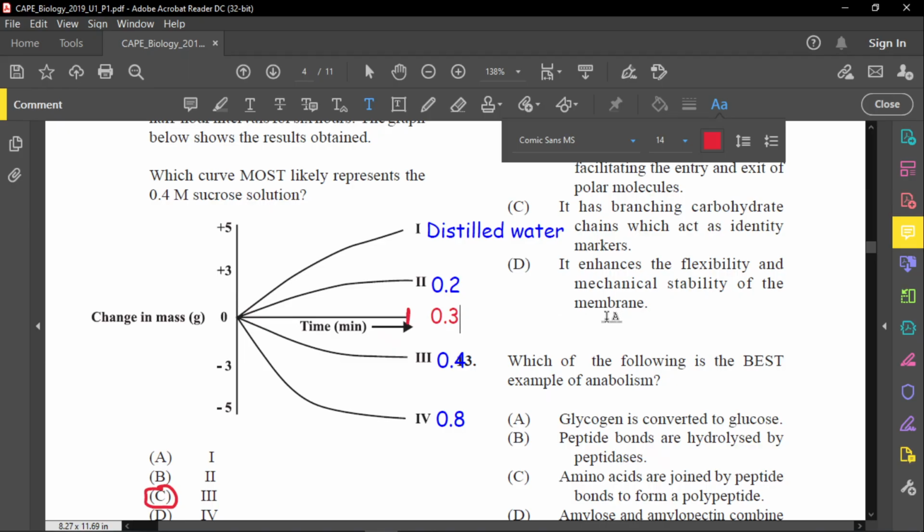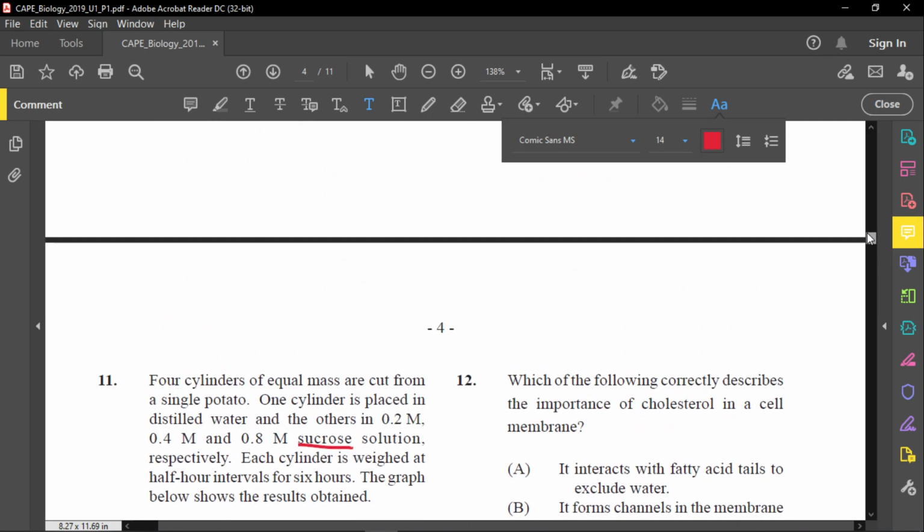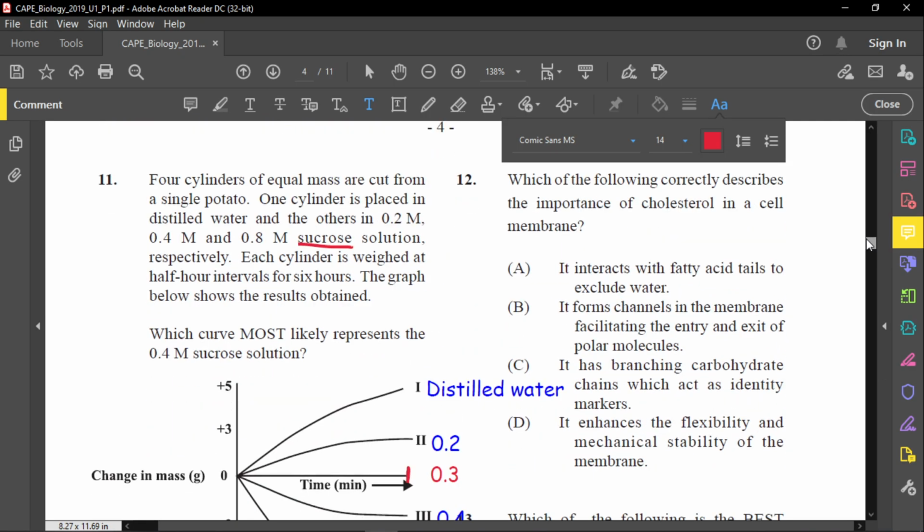Let's go to question number 11. No, that's actually question number 12. And question number 12 says, which of the following correctly describes the importance of cholesterol in a cell membrane? So first thing, when we talk about cholesterol in the cell membrane, what you need to think about is that cholesterol helps the cell membrane to become thick, and also helps with the fluidity of the cell.